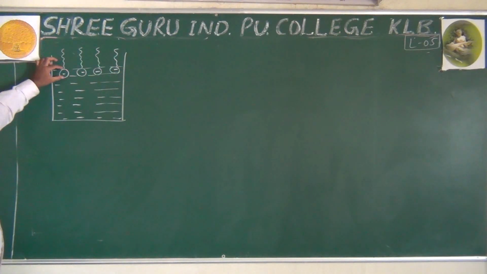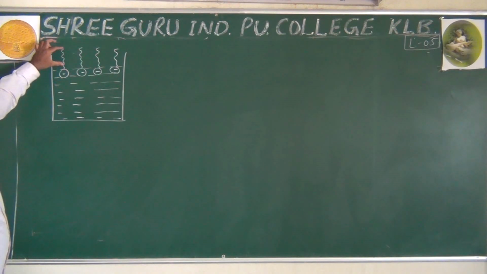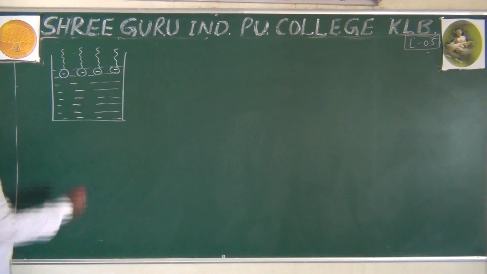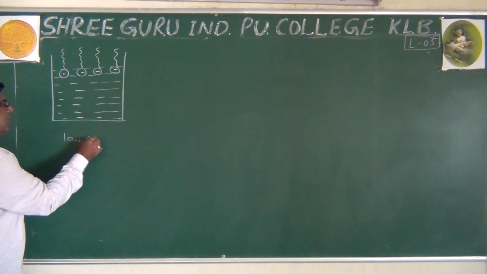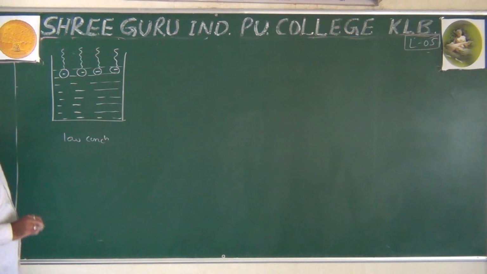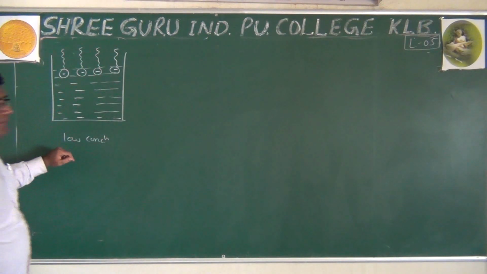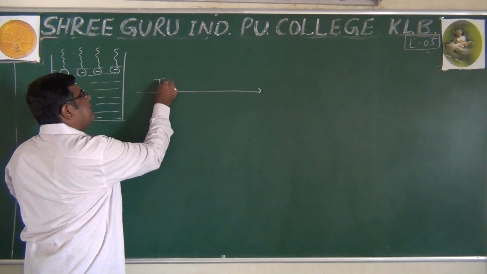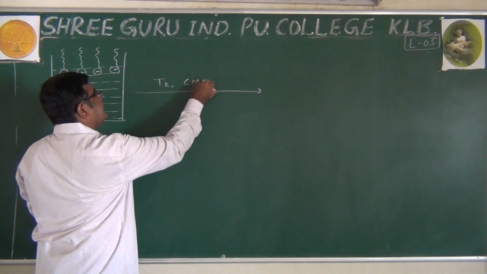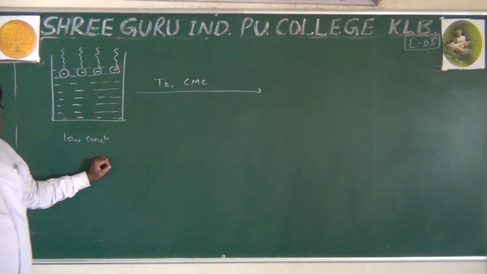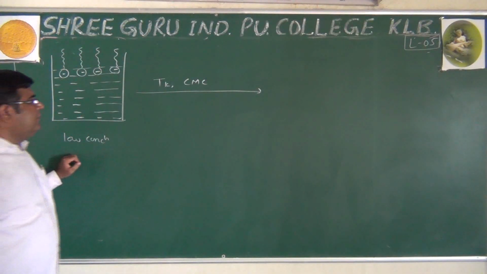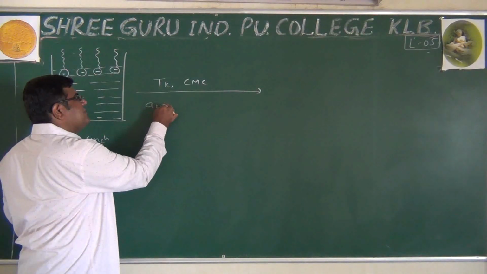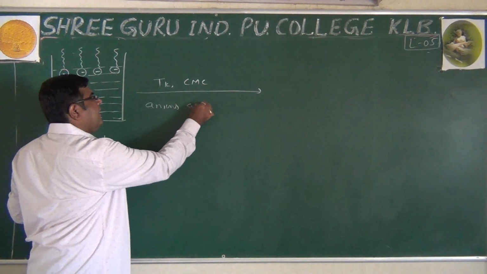Tail, head. Non-polar, polar, water loving, water repelling, like that. This happens at low concentration. They exist as individual ions. But at Kraft temperature and at critical micelle concentration, these anions aggregate.